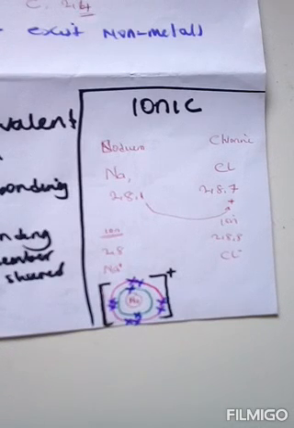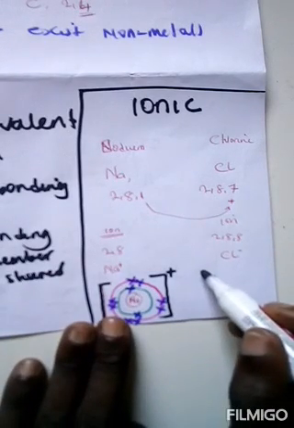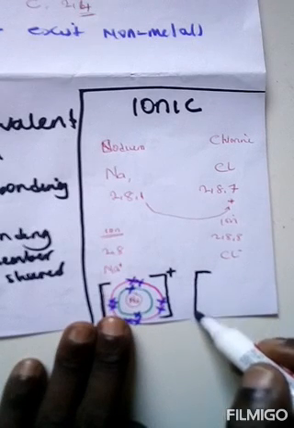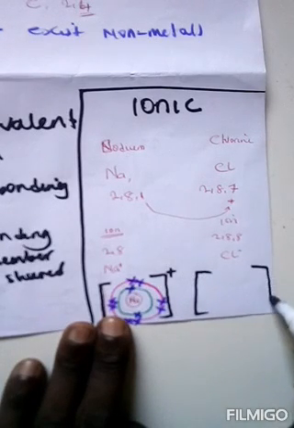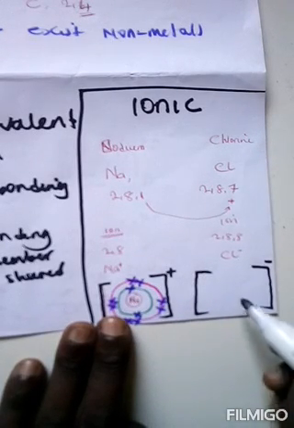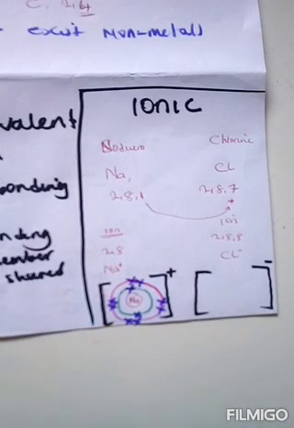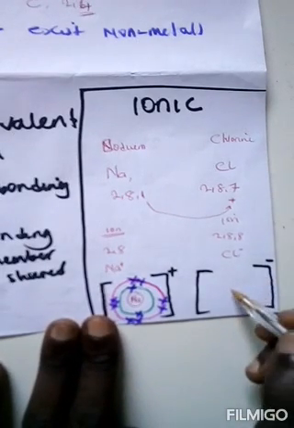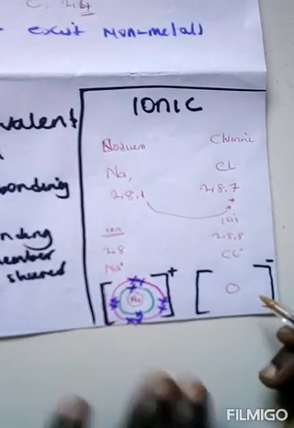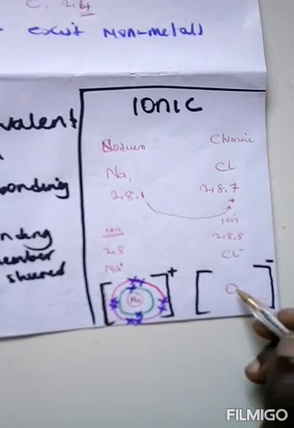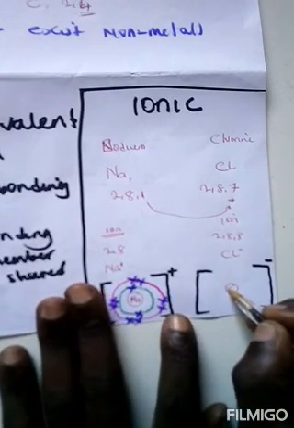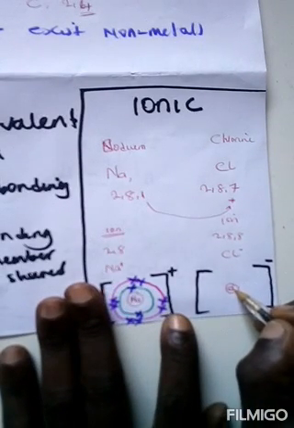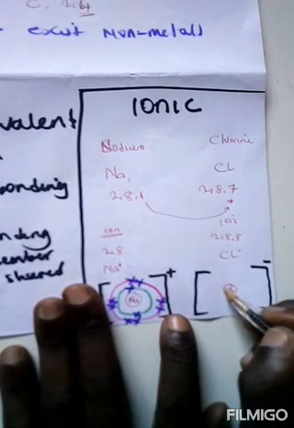Okay, let's go for chlorine. How will the chloride ion, after gaining the electron, look? This one will be negatively charged. So for chloride, we're going to have the nucleus inside. The nucleus will be Cl. Hope you guys are able to see.